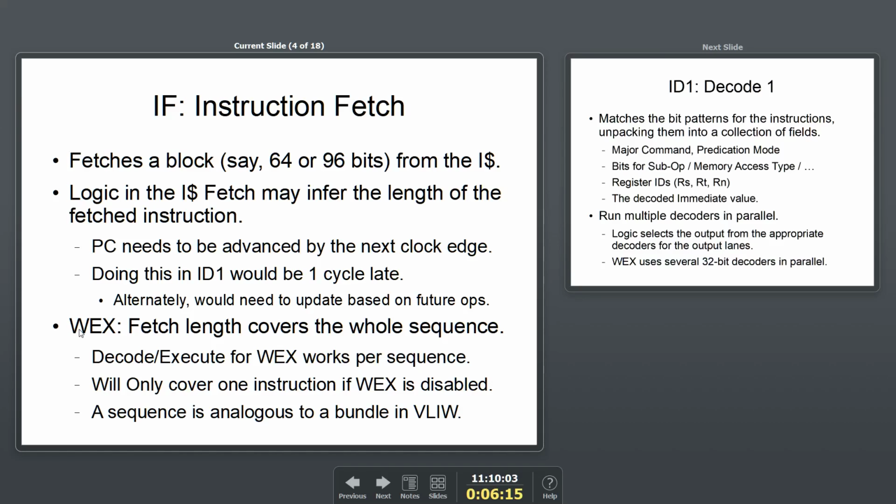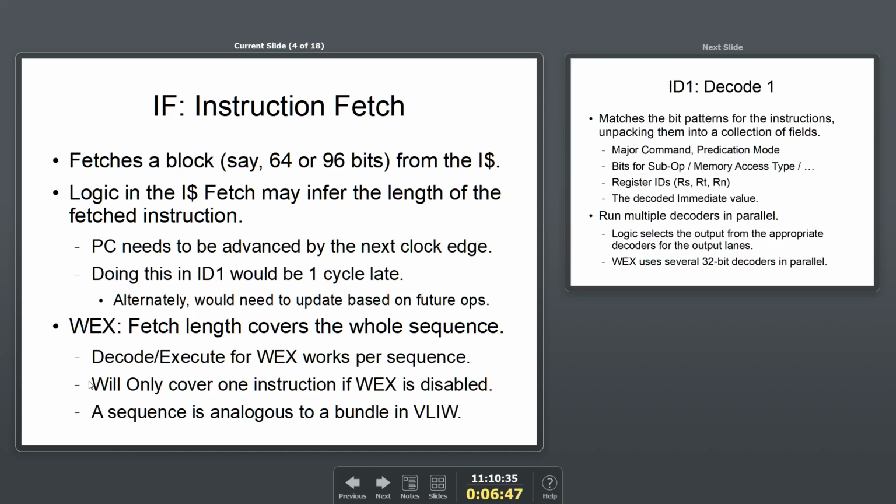So yeah, WEX fetch length covers the whole sequence. Sequence is analogous to a bundle in VLIW. Basically, multiple operations are fetched at a time, and PC is advanced for that whole collection of instructions.